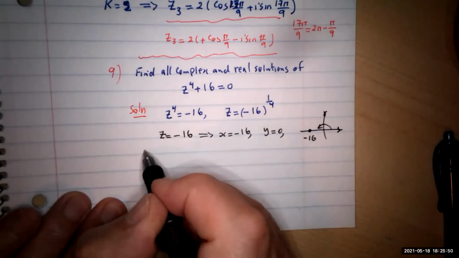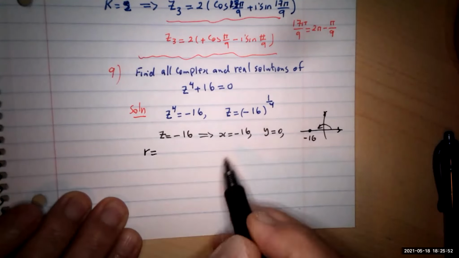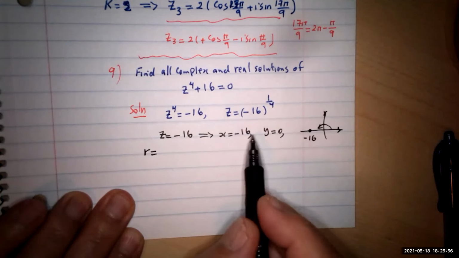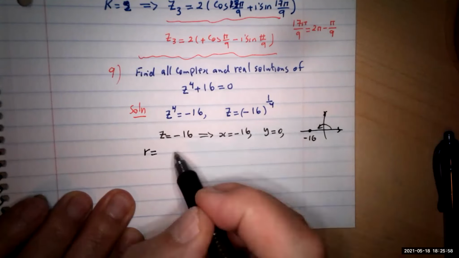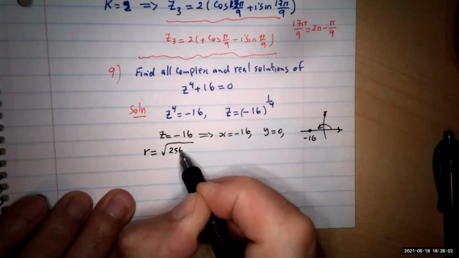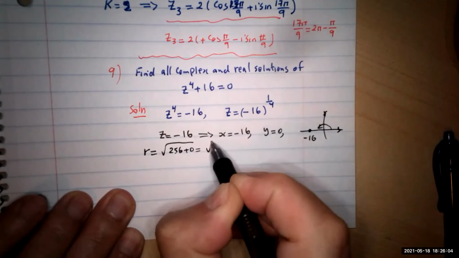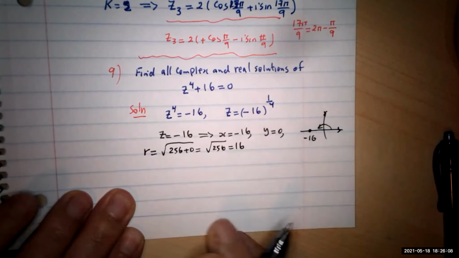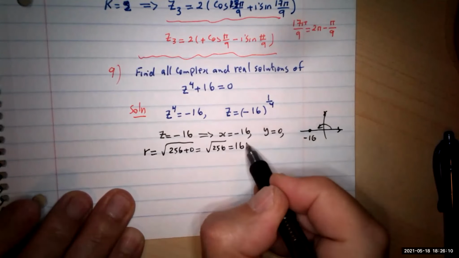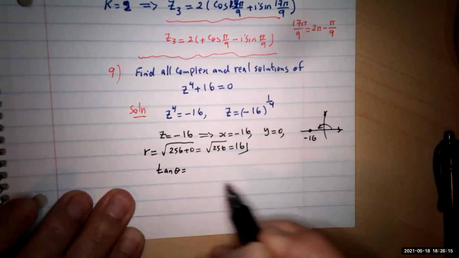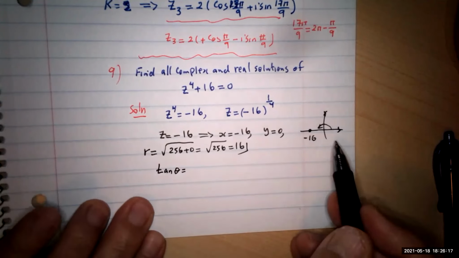So your r would be the same thing. R is, because y is 0, so r would be the square root of 16 squared, 256, plus 0. So the square root of 256, which is 16. So r is equal to 16, and tangent of theta automatically, you know that it's going to be pi.